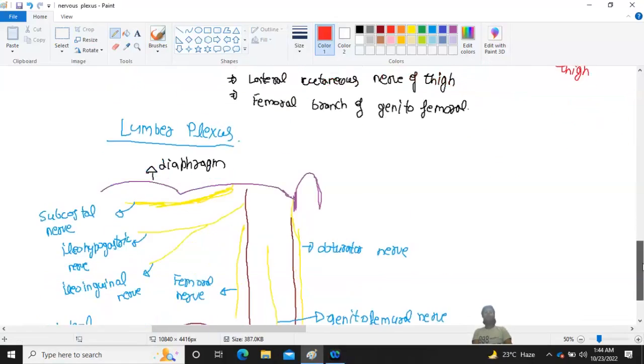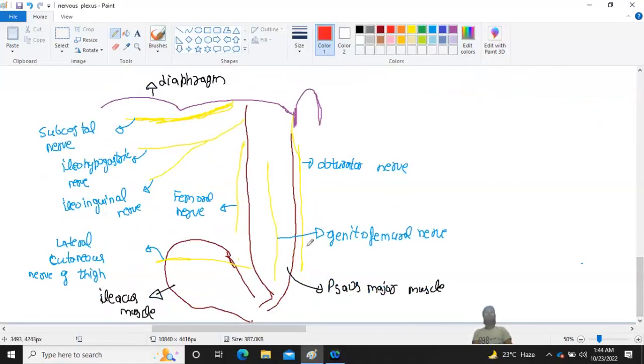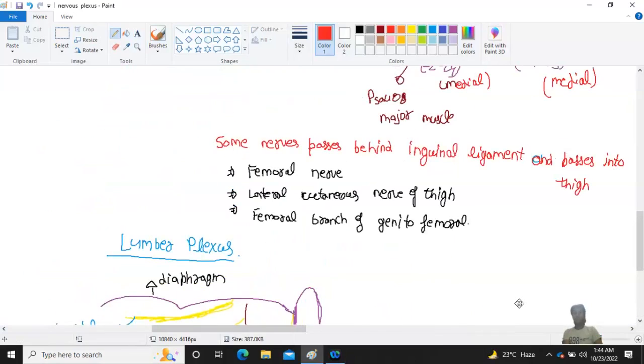And this is how it looks, with some muscles, relations, all these things. It is a piercing point. So next time we start the kidney. Thank you.